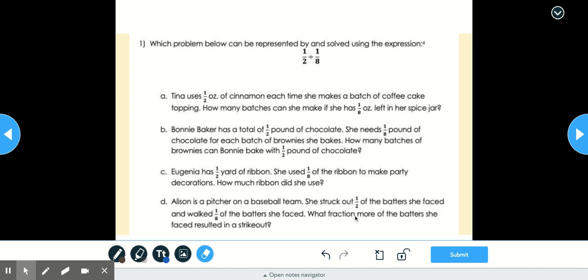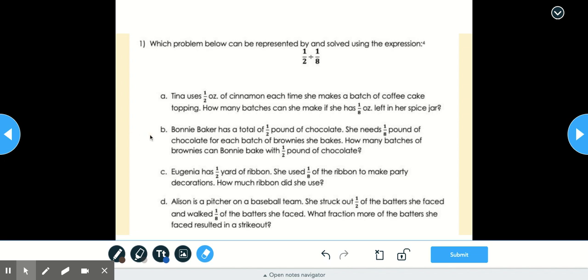It's actually asking me to maybe do some addition and subtraction here to figure out how many more of the batters she faced resulted in a strikeout. So this does not match my division expression.